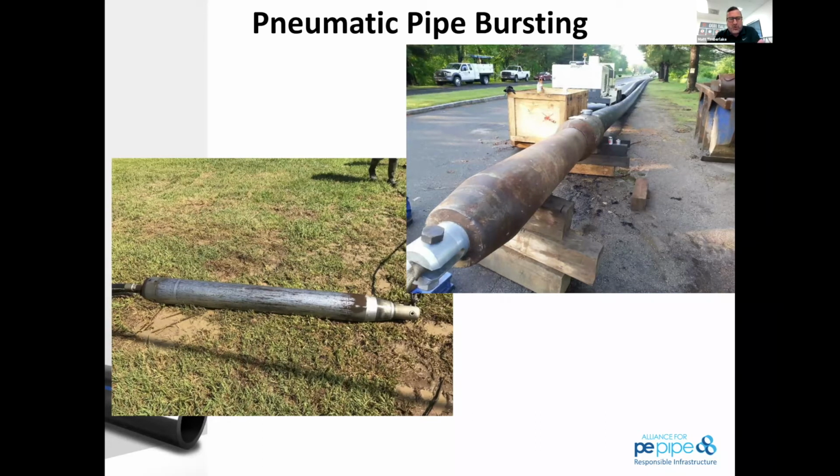For reference, that tool on the left, say it's an 8-inch tool, is 7 or 7.5 feet long. That will go down inside of the new pipe and it will have a head on the front of it. The picture on the right, that was actually a job site I was on. That is a 14-inch pneumatic tool that is front mounted. In the case of this picture, we're replacing 15-inch RCP pipe.